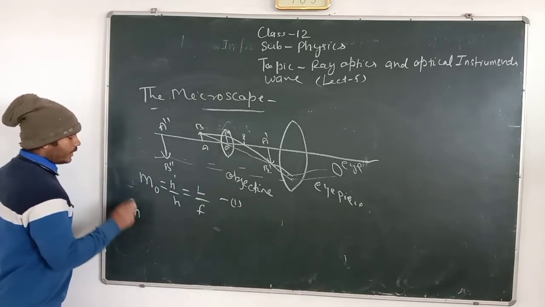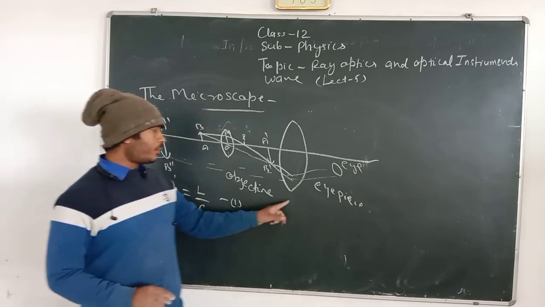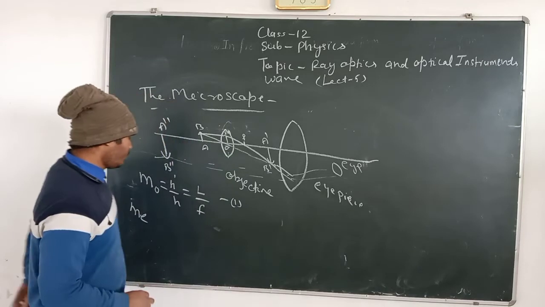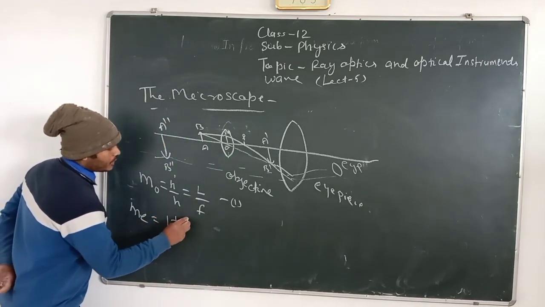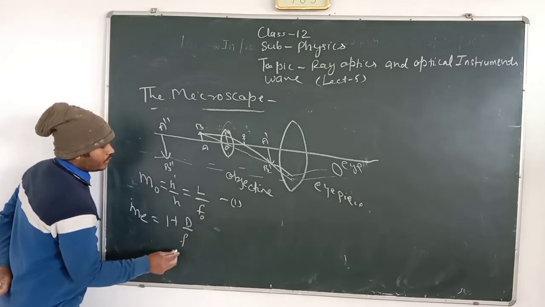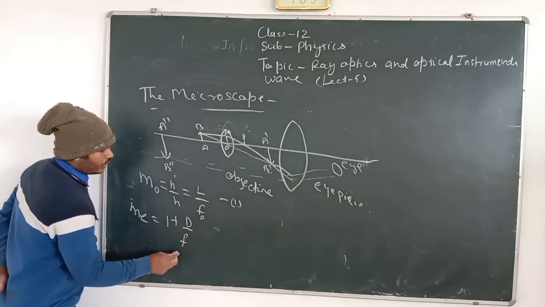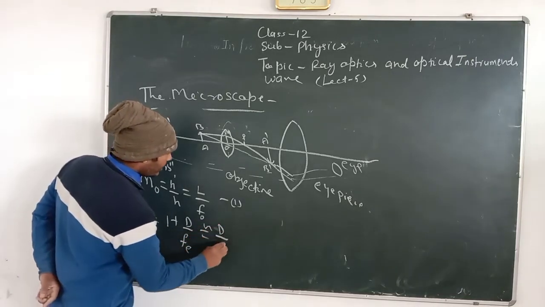Now we know that Me, the magnification of this eyepiece, will be equal to 1 plus D upon Fe, and it will be nearly equal to D upon Fe.